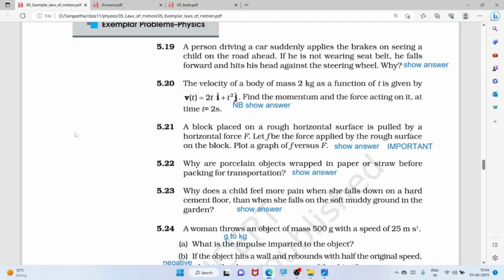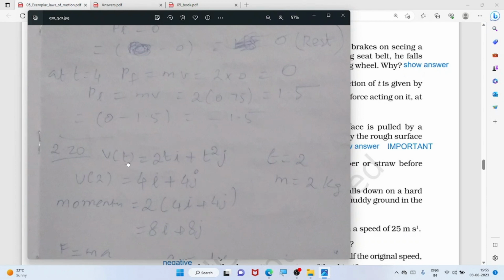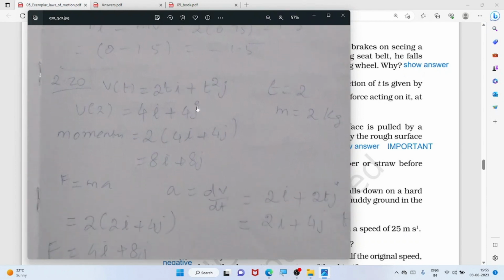The velocity of a body of mass is a function of time. This is the velocity equation. Find the momentum and the force acting on it at this second. 5.20. We have to do differentiation to find the acceleration.